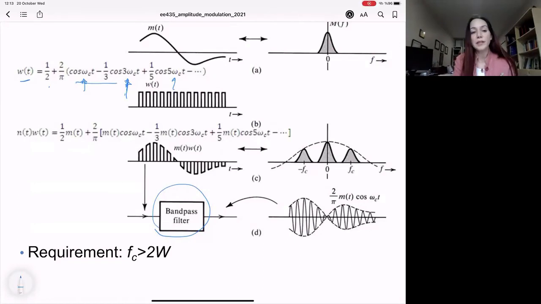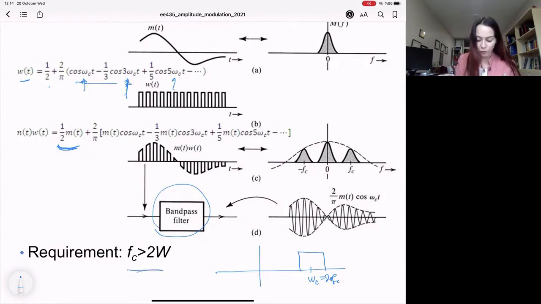Well, we could use a low pass filter, but then we would also be letting m(t) pass the filter, and we don't want that because our double sideband suppressed carrier is not in that form. So if you use a bandpass filter simply centered around wc, which is 2 pi fc, the result, theoretically speaking, if everything works perfectly in an idealized way, is equivalent to double sideband suppressed carrier.